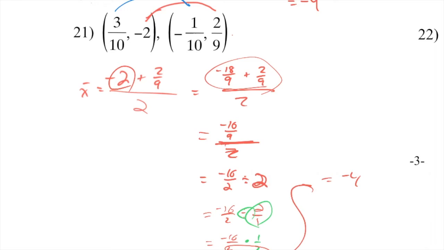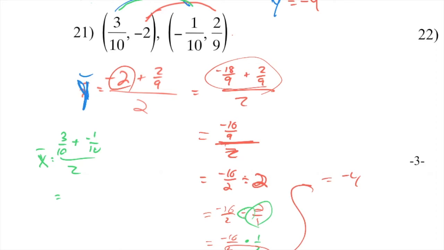So this is 2 tenths over 2, which is 2 tenths times 1 over 2. These cancel out and you're left with 1 tenth. So our x average is 1 tenth. So I think it would be 1 tenth comma negative 4, something like that.